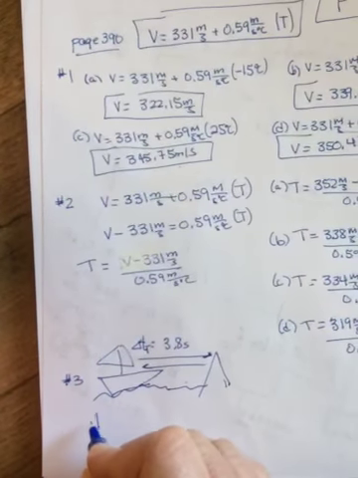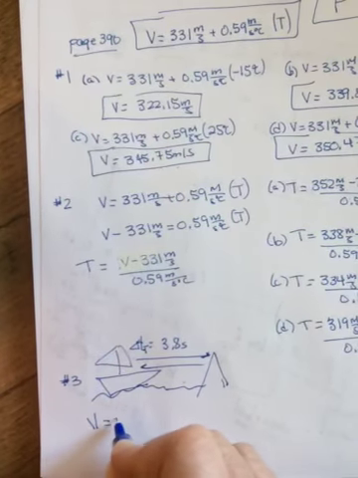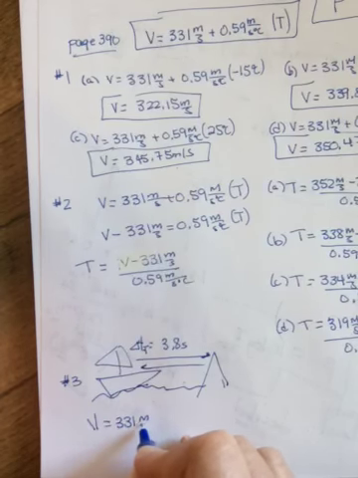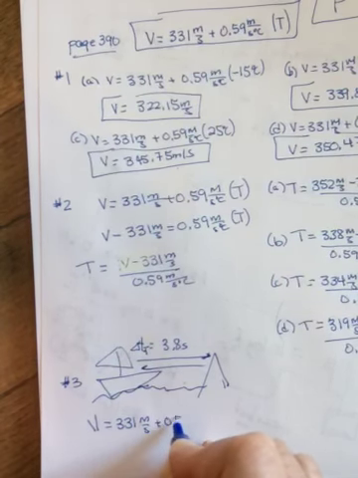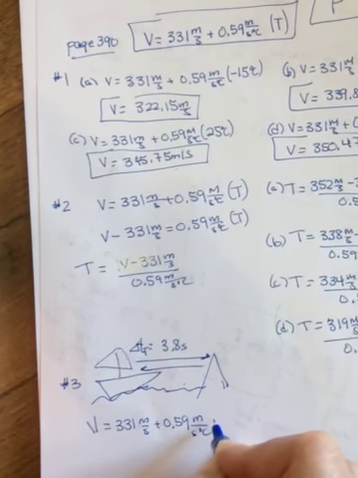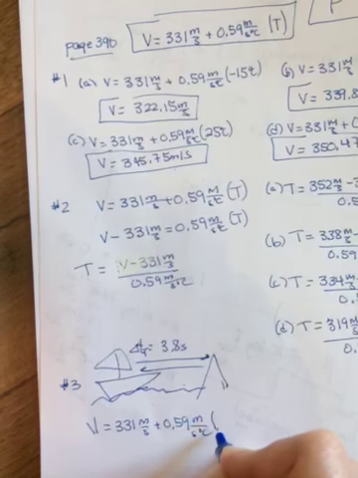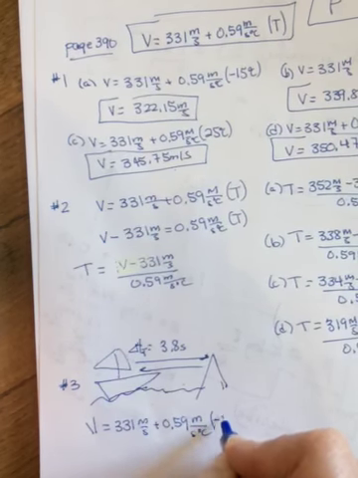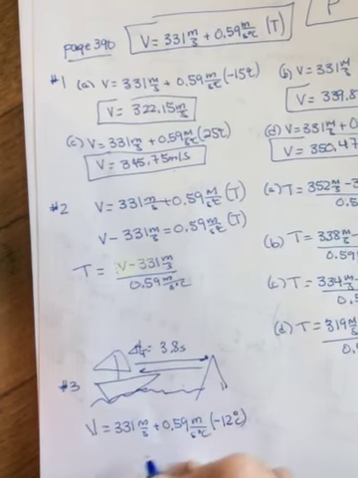So first we can find the speed. V is equal to 331 meters per second plus 0.59 meters per second degrees Celsius, and it says the temperature of the air is negative 12 degrees Celsius.